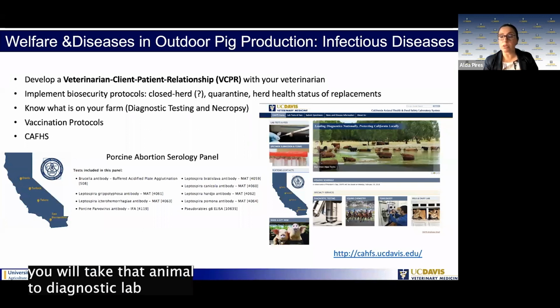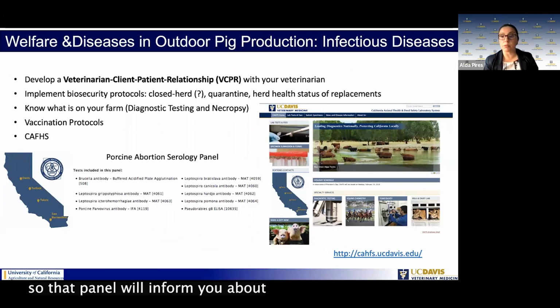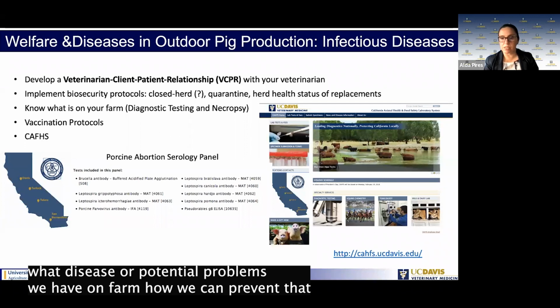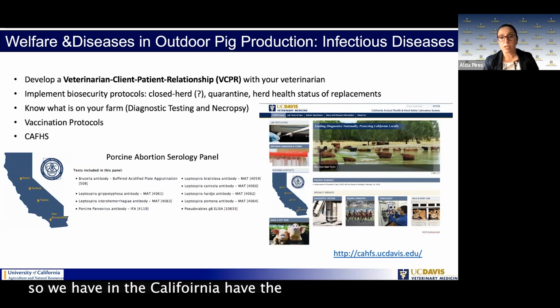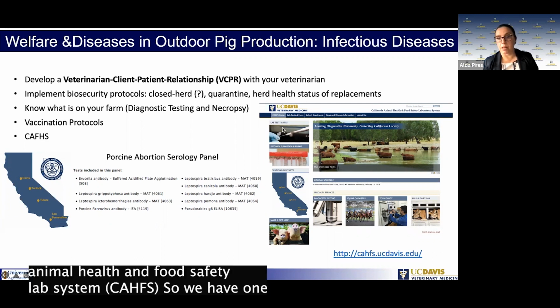Another tool we have as veterinarians is, if you have a problem, several animals died, you will take that animal to a diagnostic lab. That will inform you about what disease or potential problems you have on the farm, and how we can prevent other animals from becoming sick. In California, we have the diagnostic lab, the California Animal Health and Food Safety Lab system.